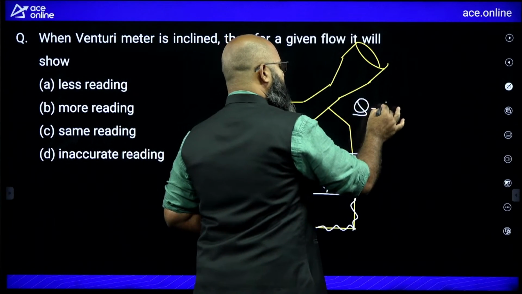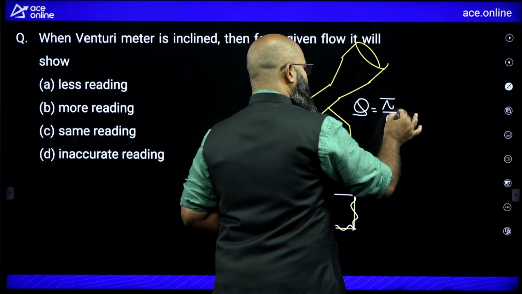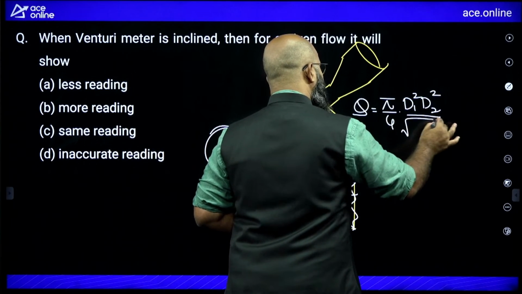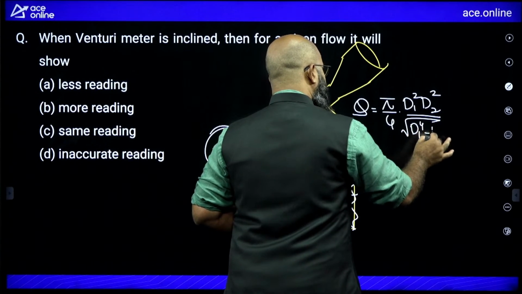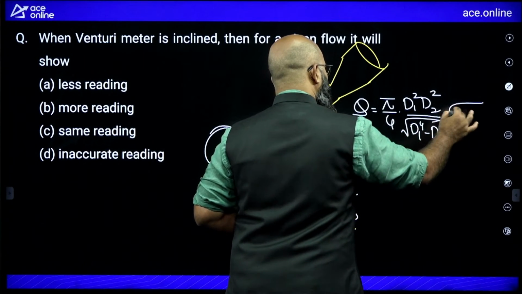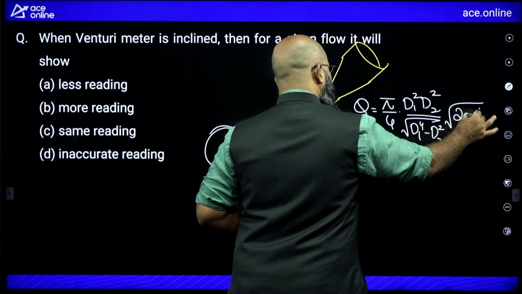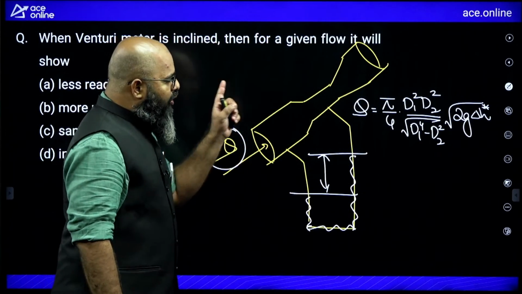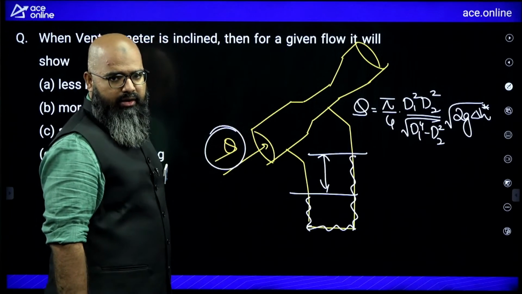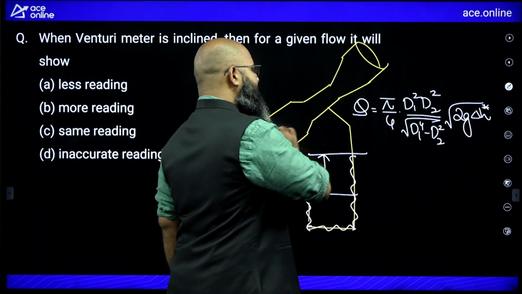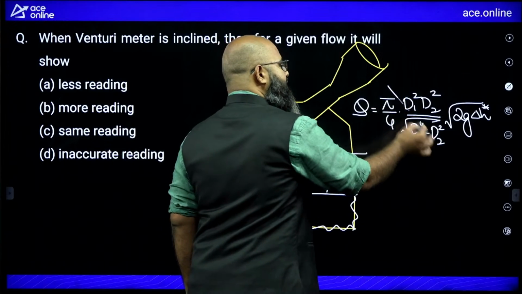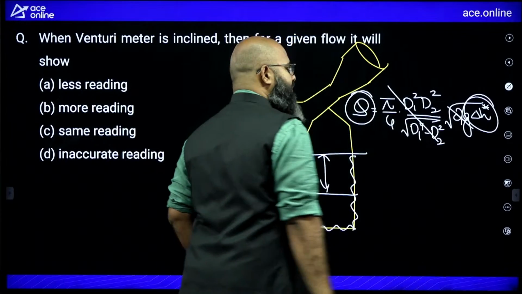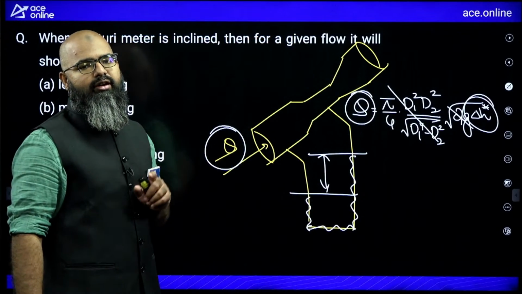The formula for Q is pi by 4 into d1 square d2 square upon root of d1 power 4 minus d2 power 4, into root of 2g times delta h star, or you can say hm into (sm by s minus 1) and so on. Nowhere in this formula is theta included. That means if I change the angle, all these values are constant, even Q is constant, so delta h star, meaning this deflection, should also remain constant.